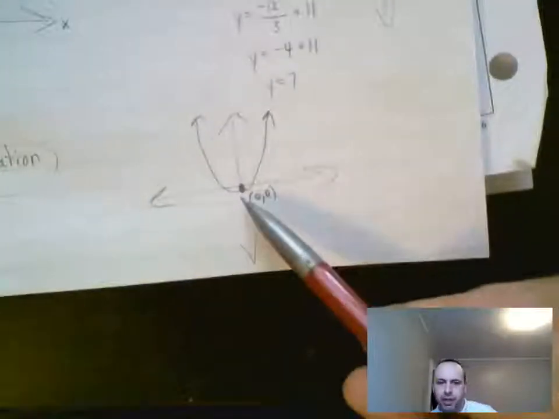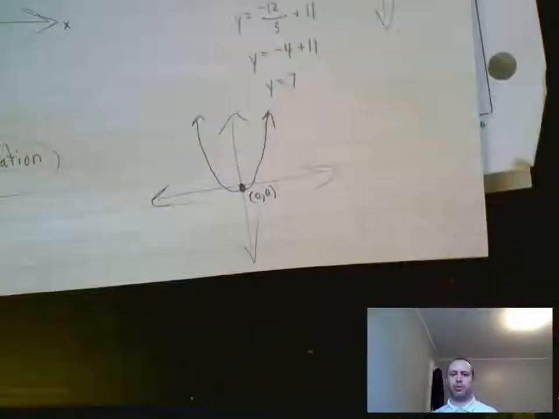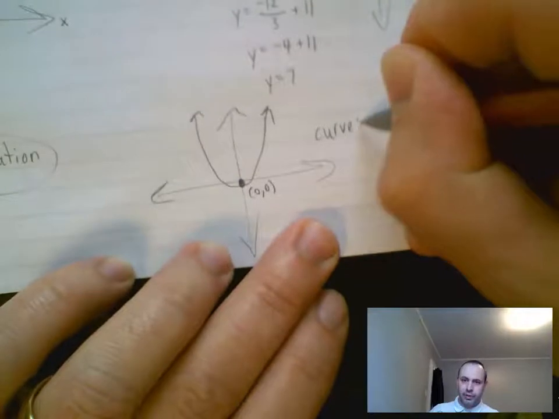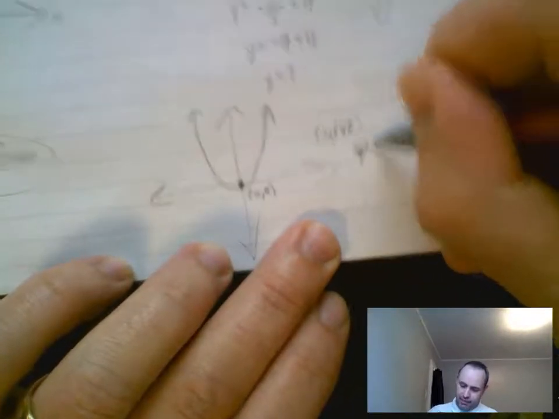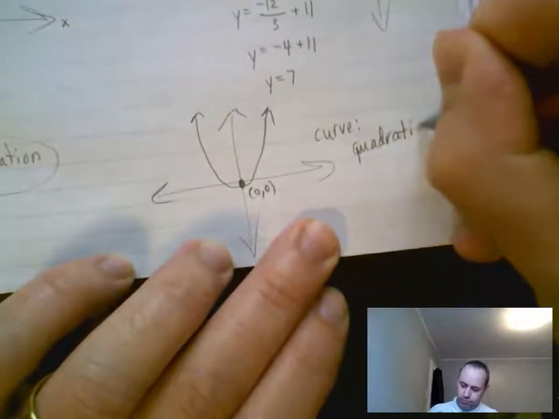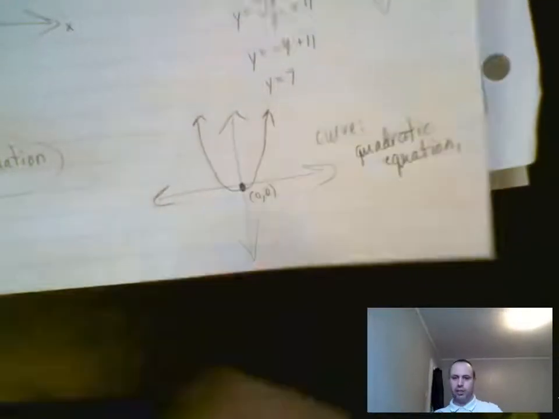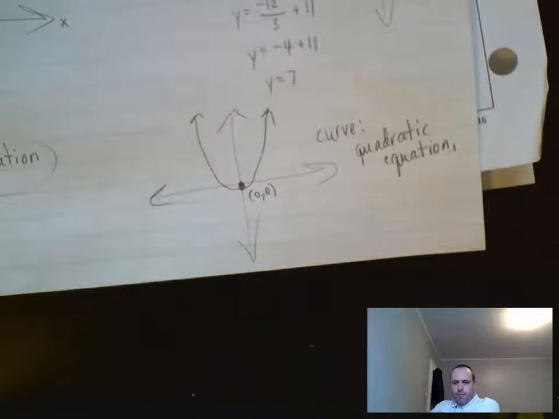Okay, I should have been a little more careful there with my line, but that point's 0, 0. And then when it's a curve, it's what we call a quadratic equation.